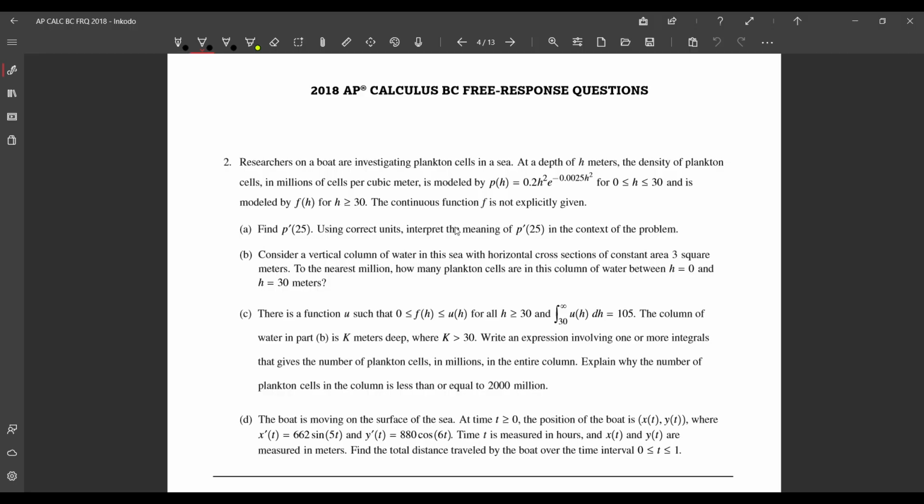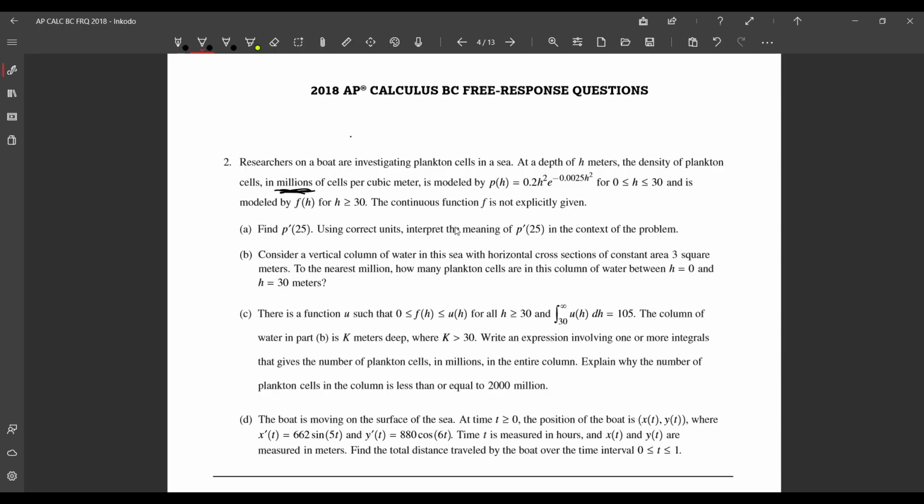So, researchers on a boat are investigating plankton cells in a sea at a depth of h meters. The density is in millions of cells, so this is going to be important to take note of. Millions of cells per cubic meter.